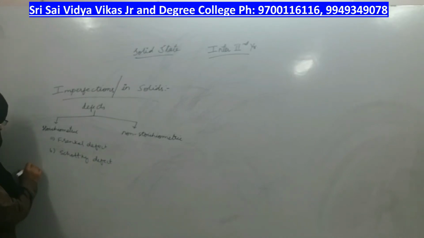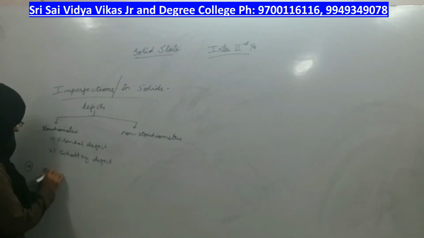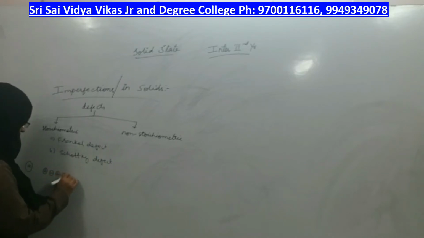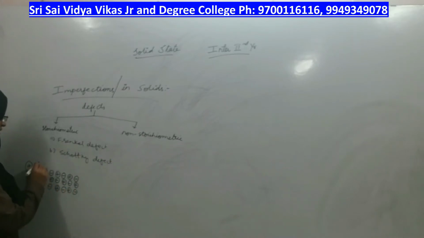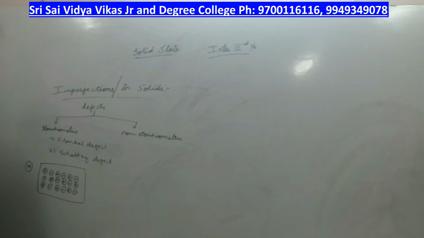Coming to Frenkel defect, suppose this is a crystal lattice having alternate arrangement. Right? This is the crystal lattice and each and every space is a crystal lattice point. At each point one ion is present and that point is called a lattice point present inside the lattice.